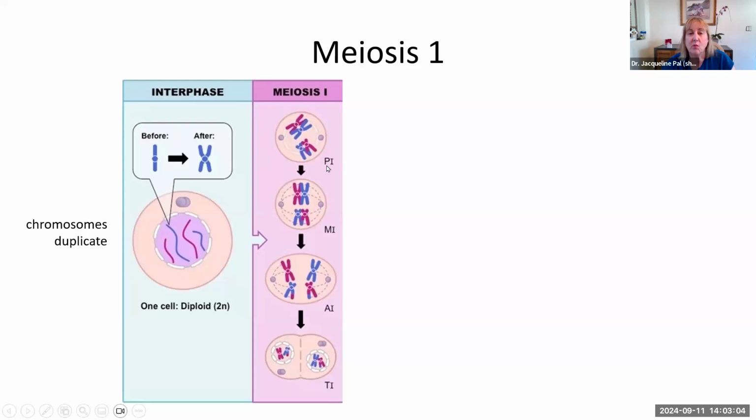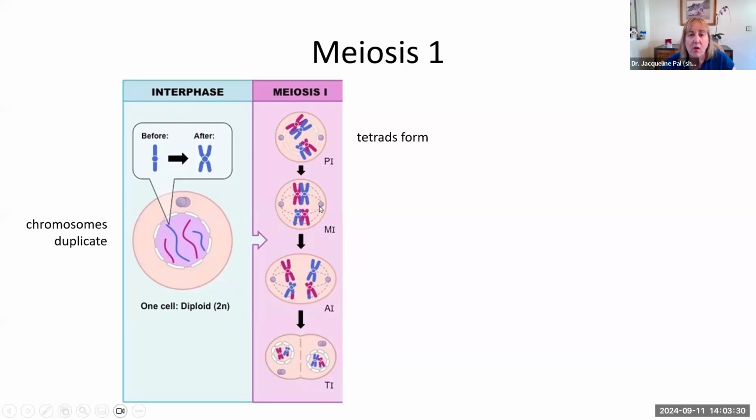And in meiosis, we're going to start with prophase 1. And in prophase 1, we're going to form the tetrads, where dad's sister chromatids number 1 are going to meet up with mom's sister chromatids number 1. And the same thing for number 2, 3, 4, all the way through.